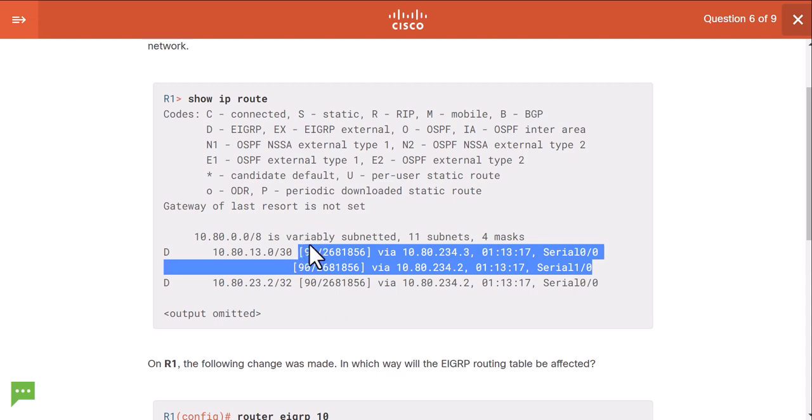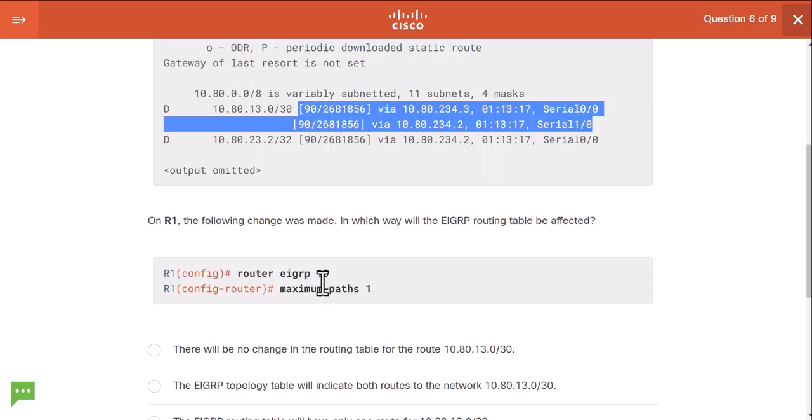We see the administrative distance of EIGRP of 90 here, and we also see exactly the same value for the metric, which means what's going on here is equal cost load balancing. On R1, the following change was made. In which way will the EIGRP routing table be affected?